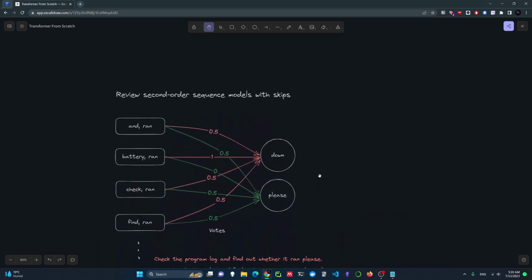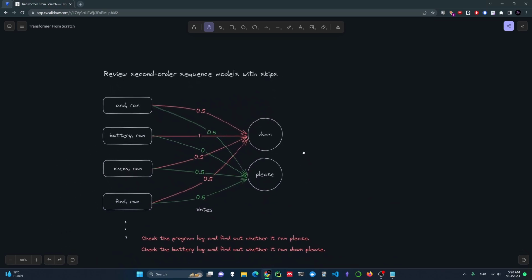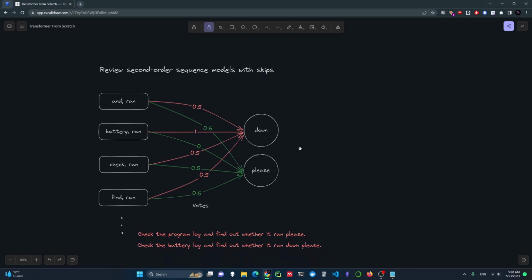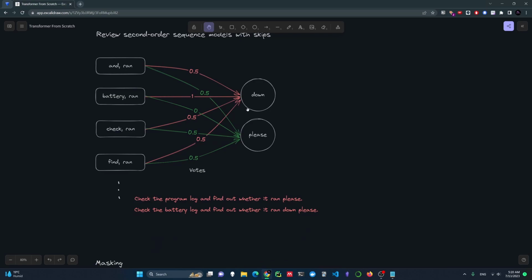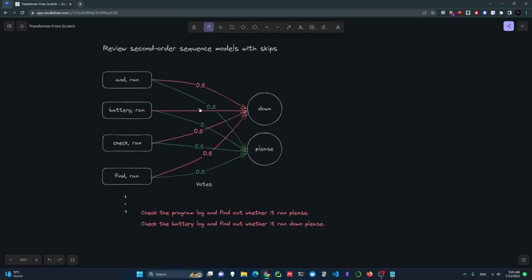So let's first start by reviewing what we talked about in part 3 of this series, which is the last video. So we talked about second order sequence models with skips. Basically, for predicting the next word after ran, we can refer to any word that occurred before the word ran, right?